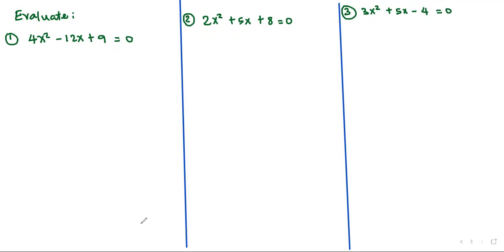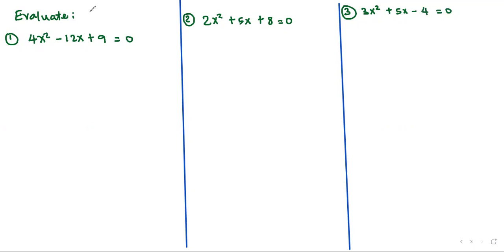And as we solve these equations, our step number 1 will be finding what b squared minus 4ac is. Okay, don't forget the formula.